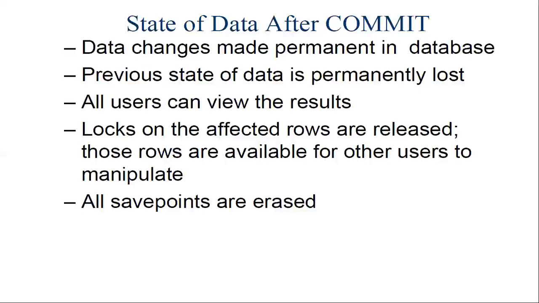Locks on the affected rows are released. We studied this in deadlock. And all savepoints are erased. During the execution of the transaction there will be multiple savepoints, and once the final commit is over, the savepoints will be erased.